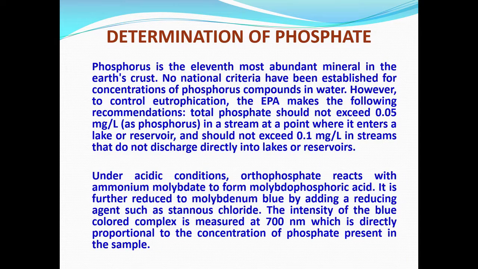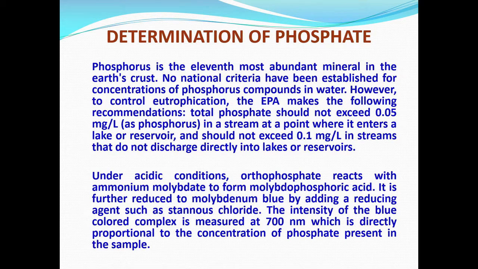These norms are normally followed very strictly with respect to effluents, especially industrial effluents from industries as well as municipal effluents. So, what are the typical reactions of phosphate? How do we go about determining the phosphate in a given sample?